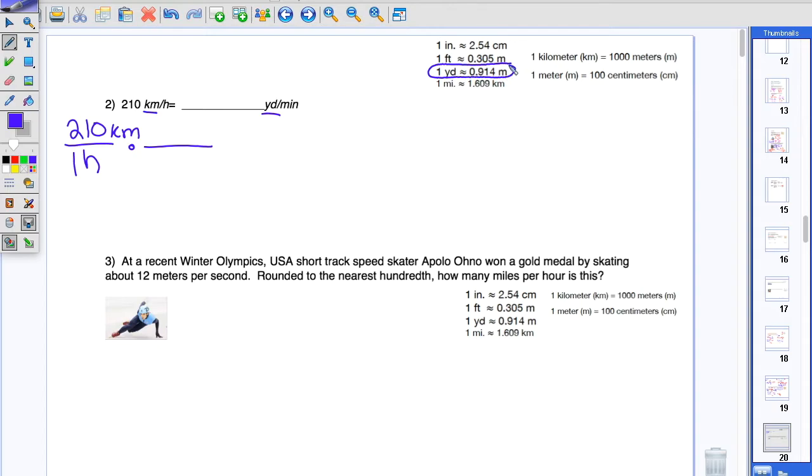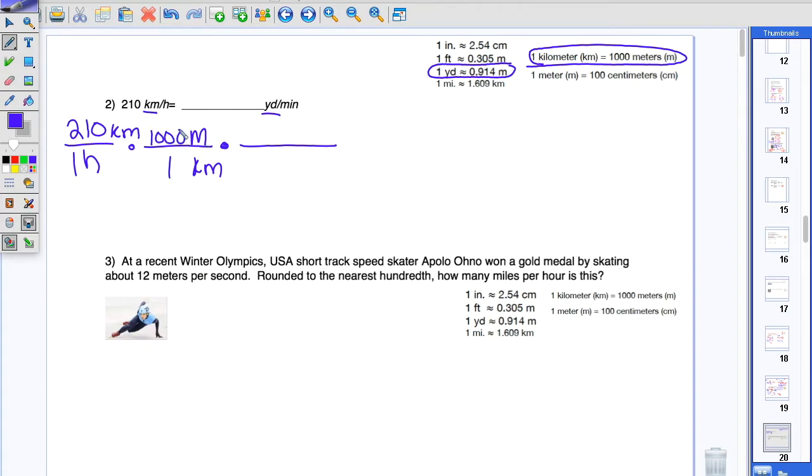So we need to do an extra conversion from kilometers to meters. So 2 conversion factors. So let's start with our kilometers. We're going from kilometers, and then it would have to be to meters. So that would be 1 kilometer is equal to 1,000 meters.